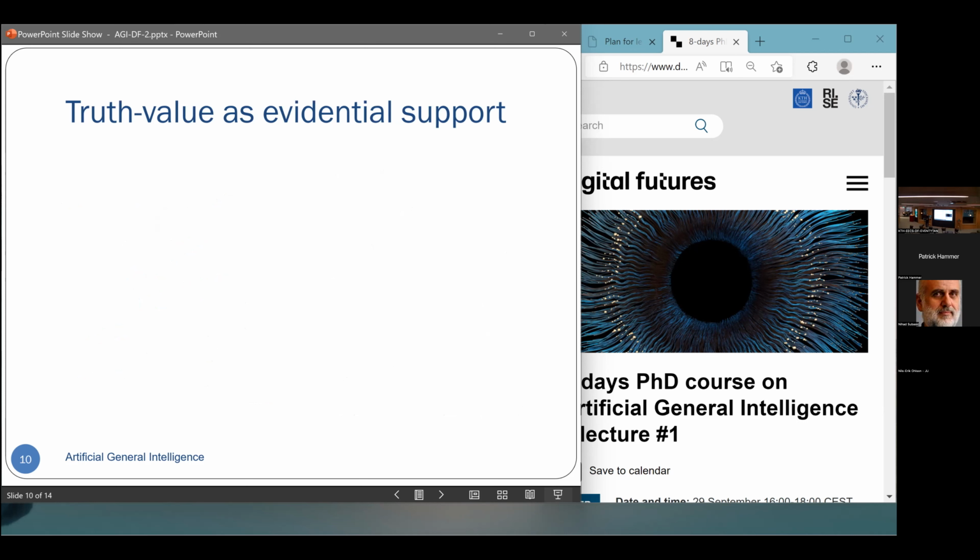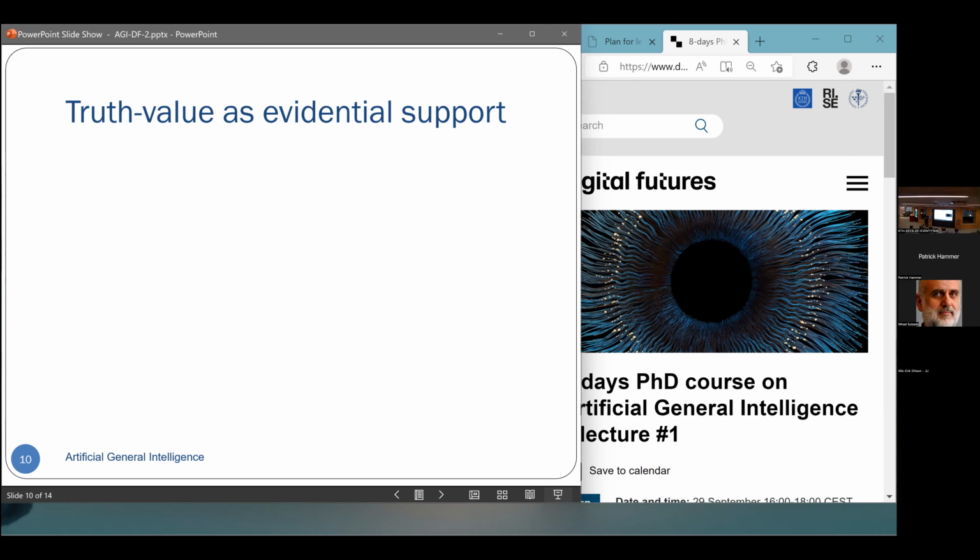Now, another big topic in semantics. What we just said is about meaning. The second one is about truth. We all know the intuitive meaning of truth. That is, your opinion agrees with the reality, right?